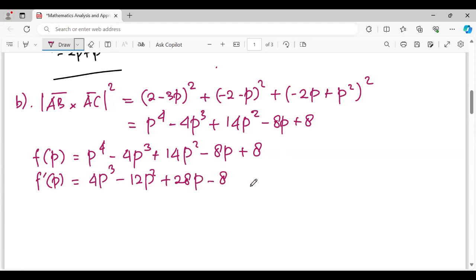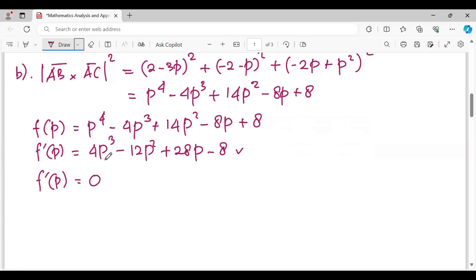Now, for this function I'm going to find the values of p with the assumption that the derivative equals 0. So this expression equals 0: 4p cubed minus 12p squared plus 28p minus 8 equals 0.